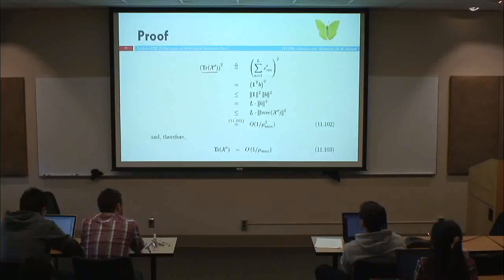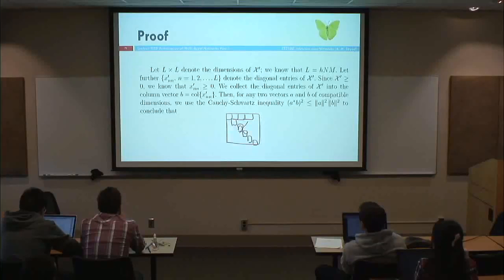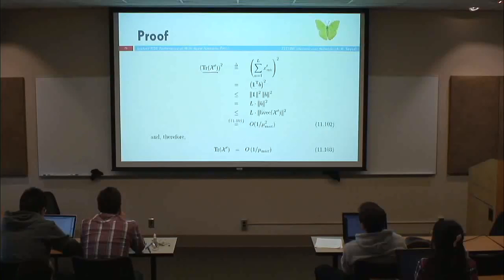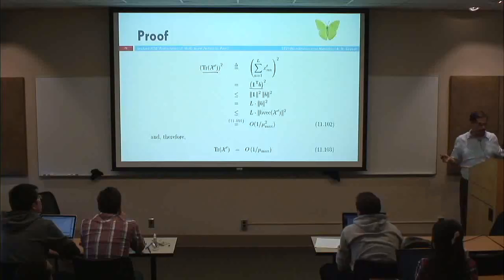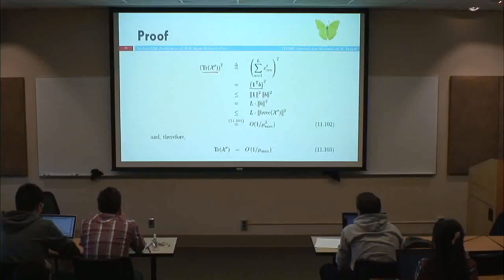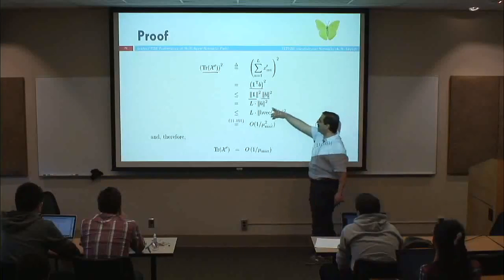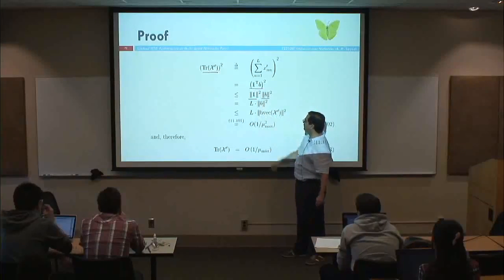So the trace of the matrix squared is the sum of the diagonal elements of the matrix squared, correct? Now, I'm collecting these diagonal elements into a vector B. Okay? So of course, this inner product is the sum of these entries squared, okay? By Cauchy-Schwarz, this is upper bounded by the norm of 1 squared times the norm of B squared. Let's assume that this matrix is of dimension L, so this is L times the norm of B squared.